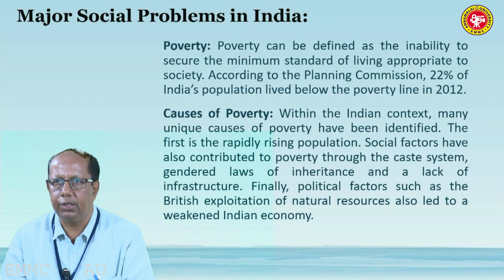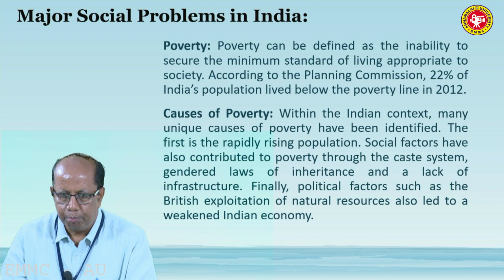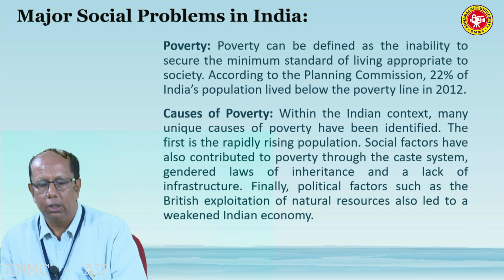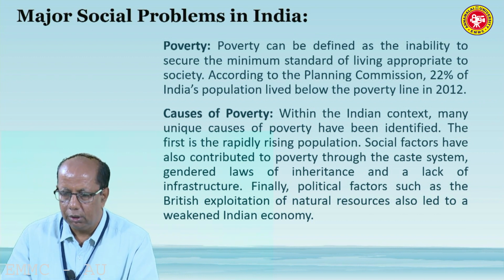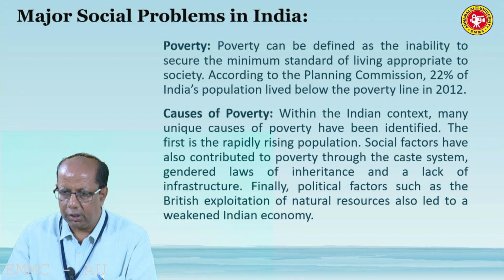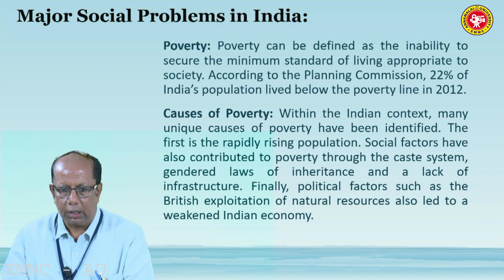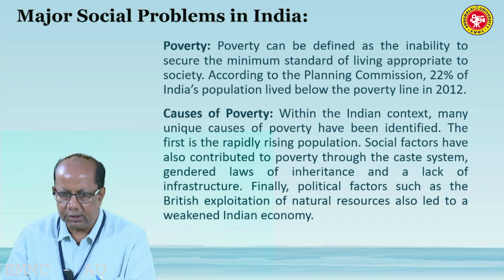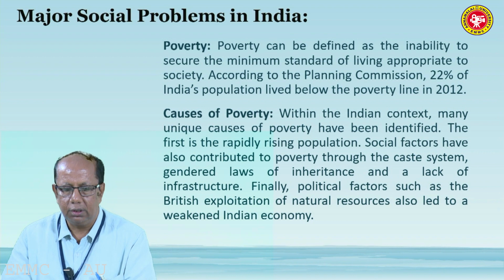Major social problems in India. Poverty. Poverty can be defined as the inability to secure the minimum standard of living appropriate to society. According to the Planning Commission, 22% of India's population lived below the poverty line in 2012. Causes of poverty. Within the Indian context, many unique causes of poverty have been identified.